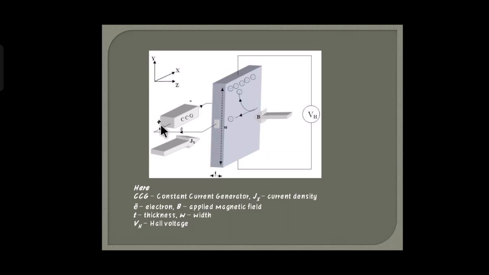The current flows from the positive to the negative, while the electrons flow from the negative to the positive terminal, which is represented in the figure. So when no magnetic field is applied to the conductor, the current flows in the normal form, that is from positive to negative, while the electrons flow from negative to positive. So no net change occurs there.